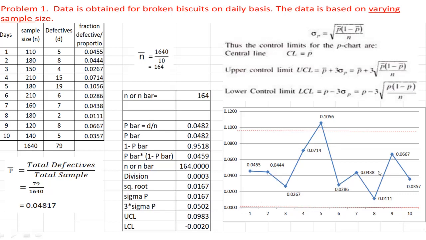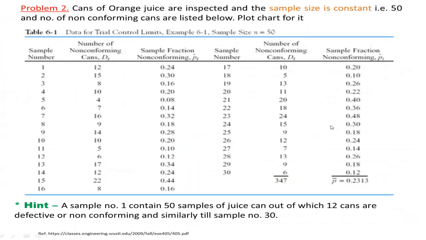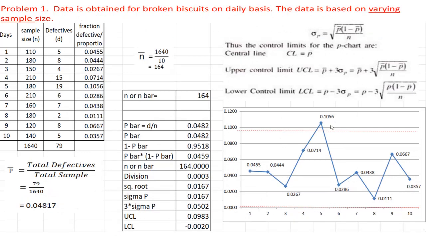Now the main point we have to remember is when a value goes beyond the control limit. This value, 0.1056, goes beyond the upper control limit. Just recall our last session. There we showed that when this happens, it occurs only because of causes.